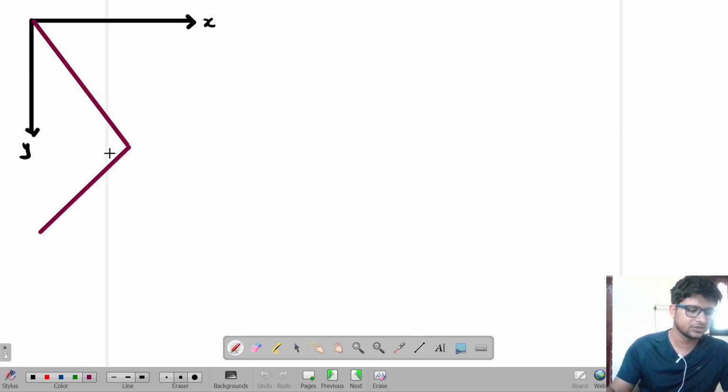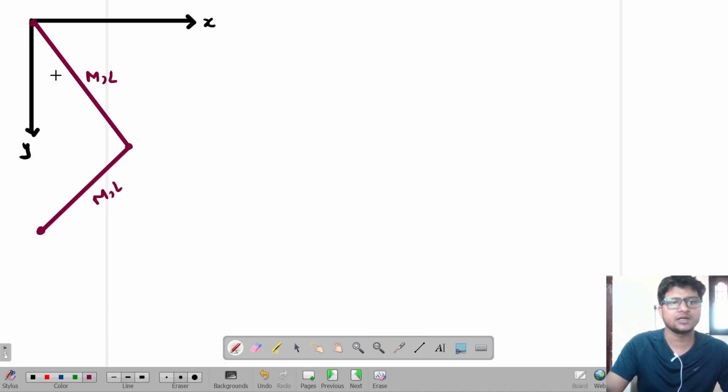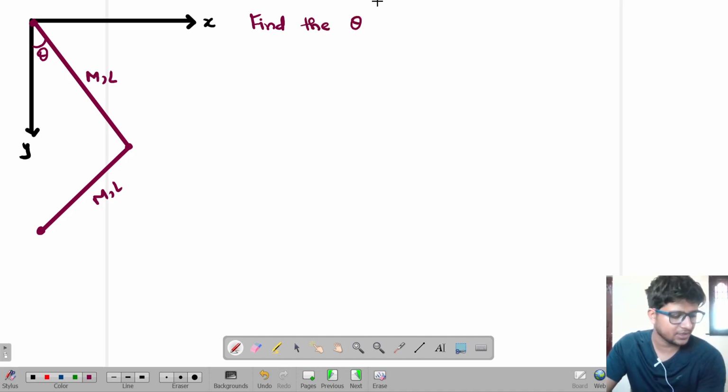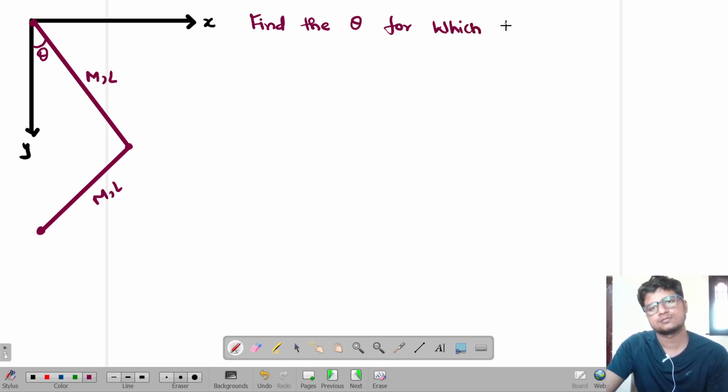And each rod has mass m and length l. Both parts of the rod have mass m and length l. The question is, if this angle is theta, find the theta for which the rod hangs in equilibrium.